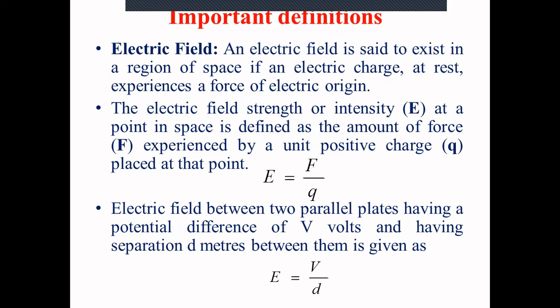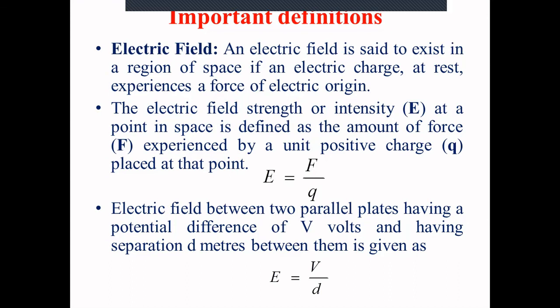Now, the potential V exists. Therefore, the positive charge at point P has some potential and the positive charge at Q also has some potential. If the positive charge at point Q has potential V1 and the positive charge at point P has potential V2, then we can determine the potential difference between these two points.